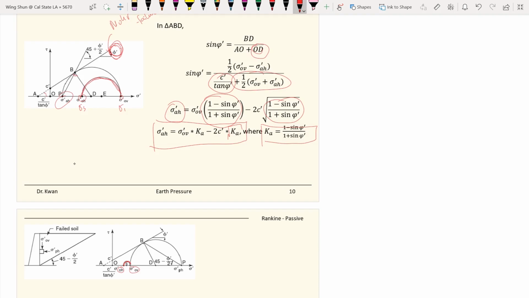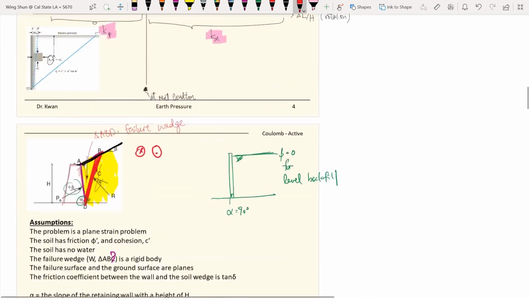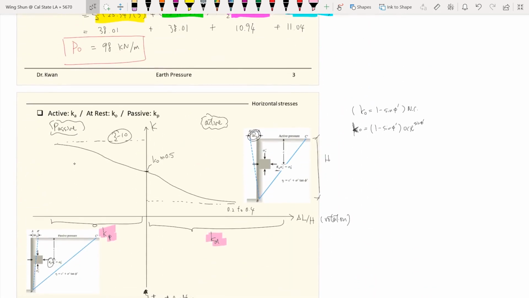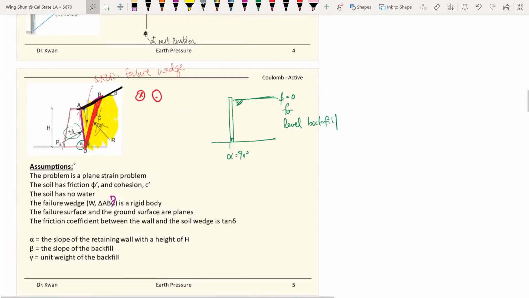They're the same thing. But think about it, now you have passive conditions, which means you're pushing the wall into the soils. So you expect the K values will be greater than 1. Because at passive conditions, the horizontal confinement will be larger than the vertical stress, because now you are forcing the soils to push against each other, and then you will cause a very large lateral stress.